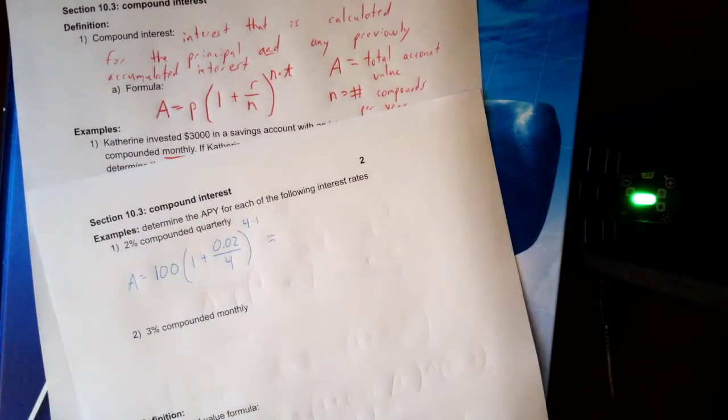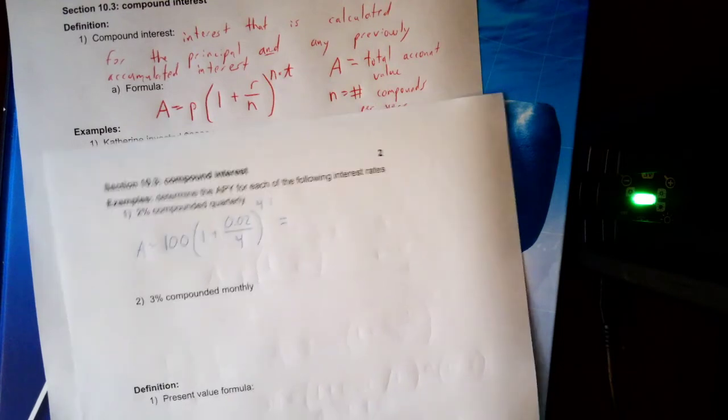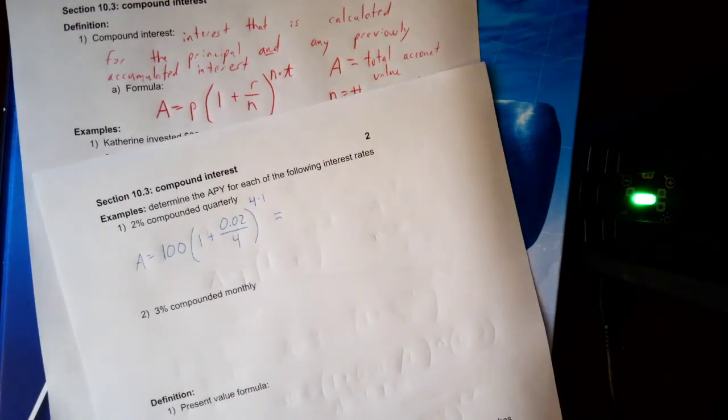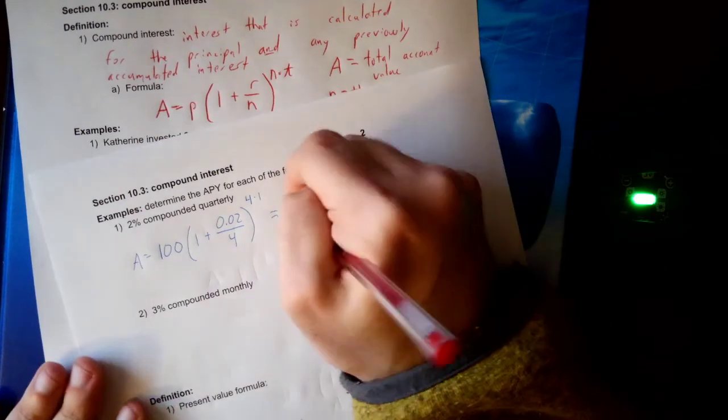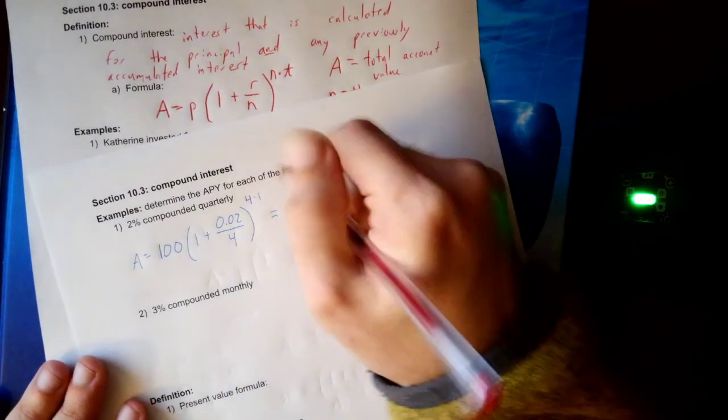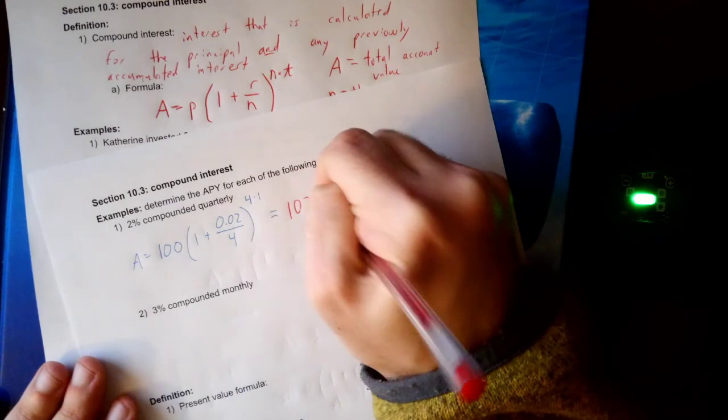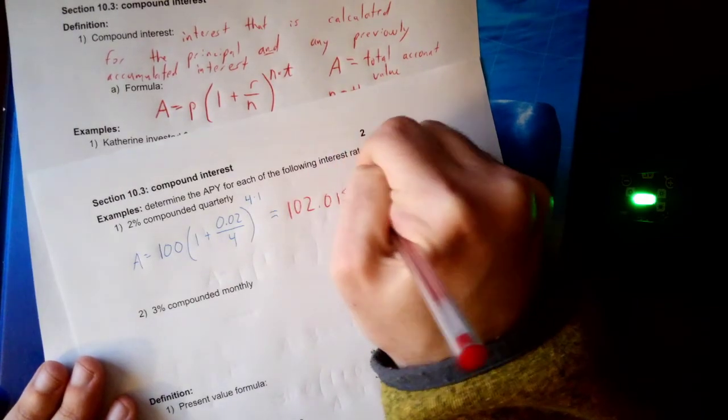Well, using the same trick as before with my calculator, I find out that the APY, this gives me 102.01505.